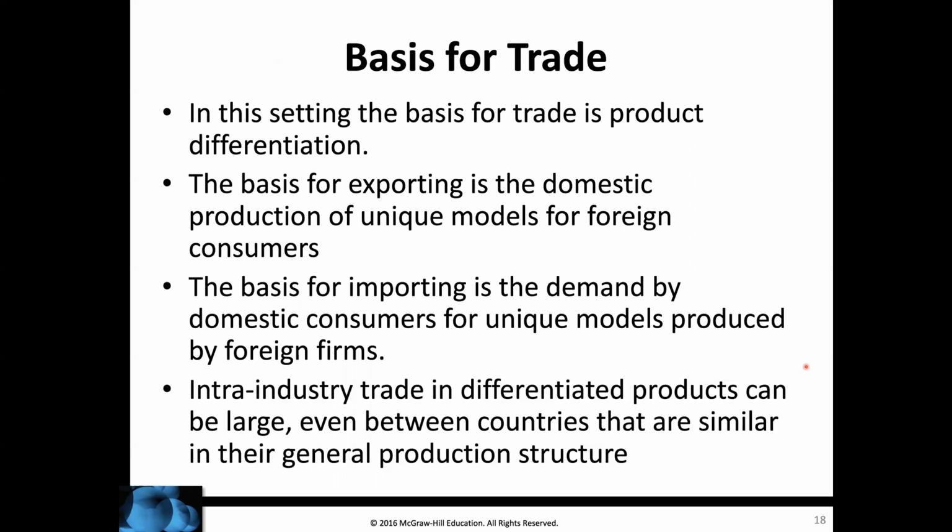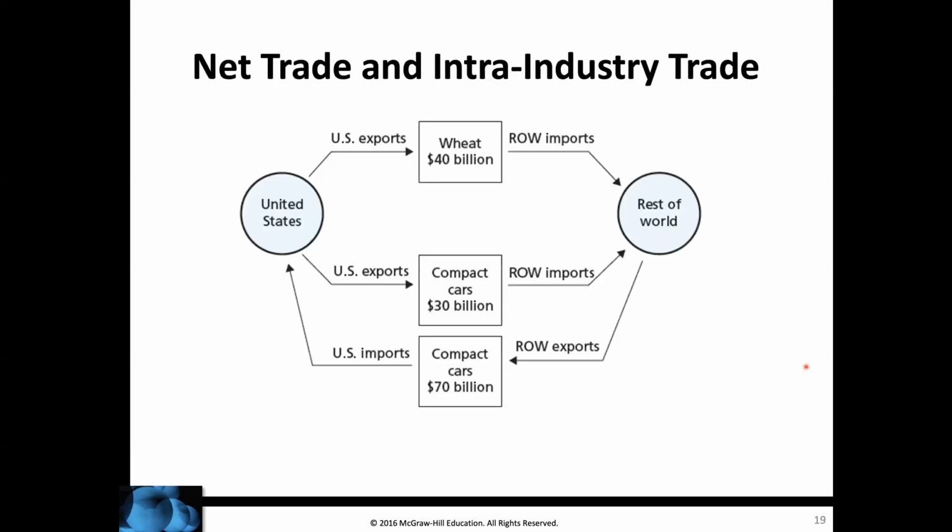Intra-industry trade in differentiated products can be large, even between countries that are similar in their general production structure. This shows us net trade and intra-industry trade between the US and the rest of the world. Up top, we've got wheat. We are a net exporter of wheat, exporting $40 billion worth of wheat to the rest of the world in this diagram.